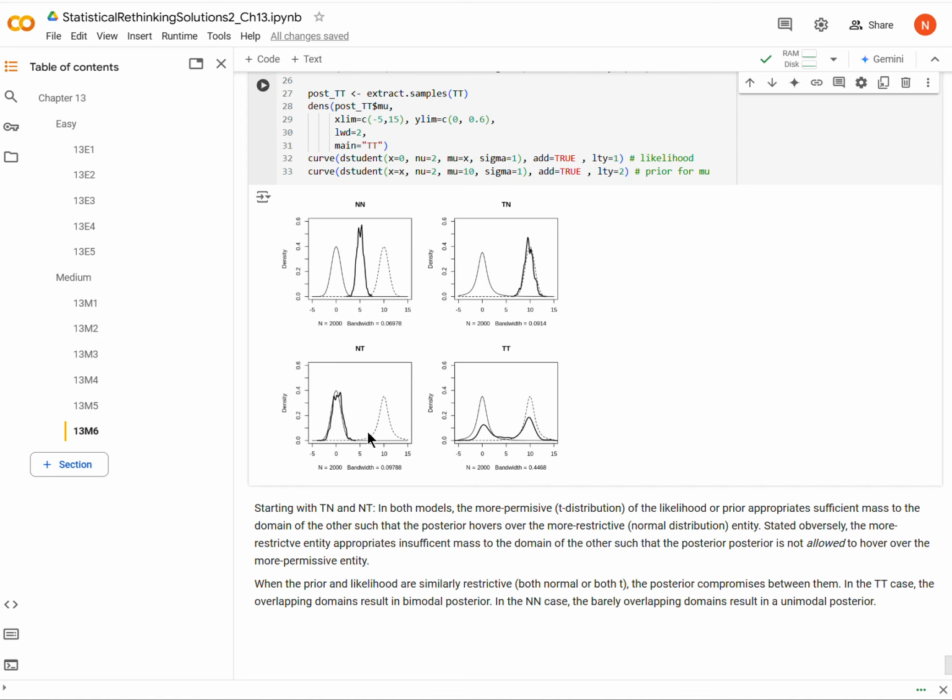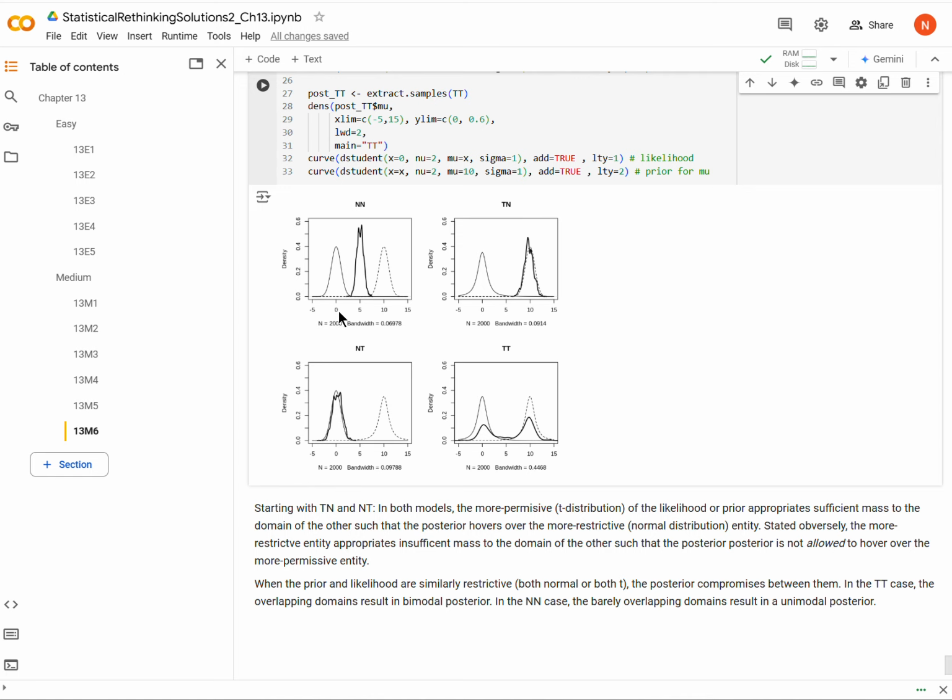The permissive prior t-distribution says that values way out on its tail here still have sufficient probability mass such that when we observe something out here, the posterior is allowed to shift basically all the way over to the likelihood. All right, so that's what's happening there.